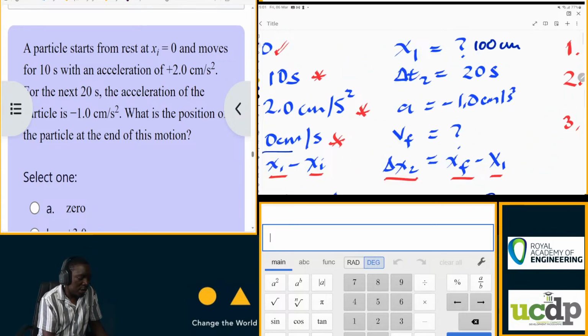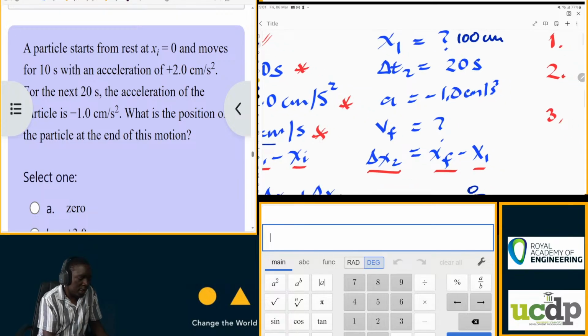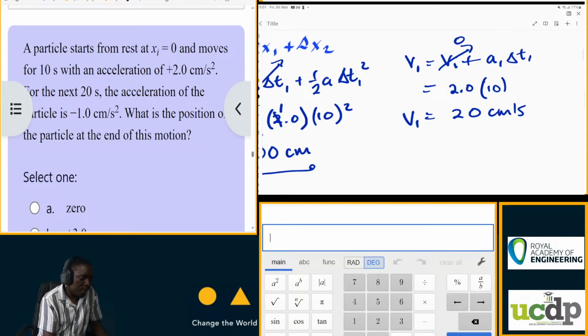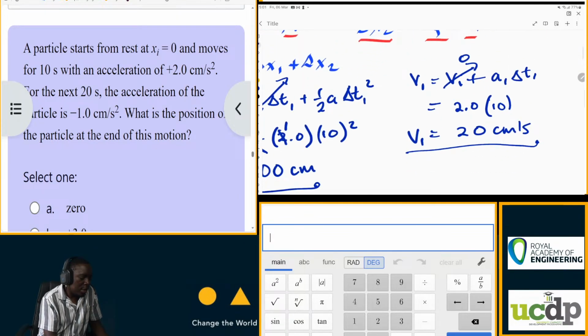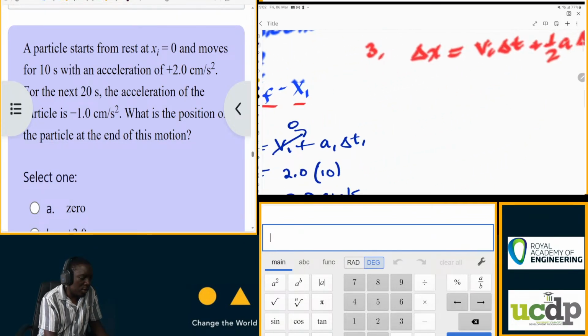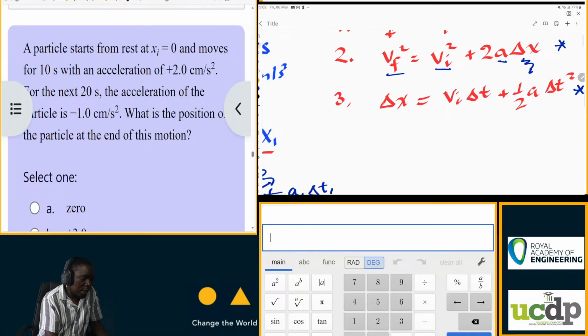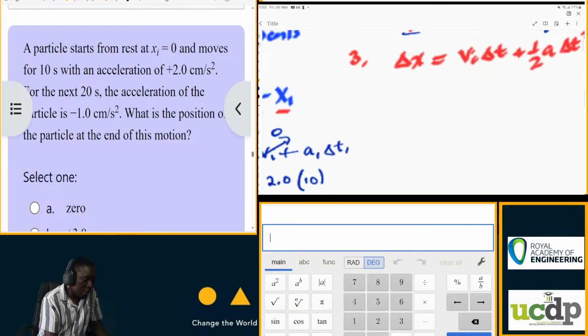So coming to this motion, the initial velocity is 20 centimeters per second. Applying the equation of motion, this one, no, it's actually the third equation.